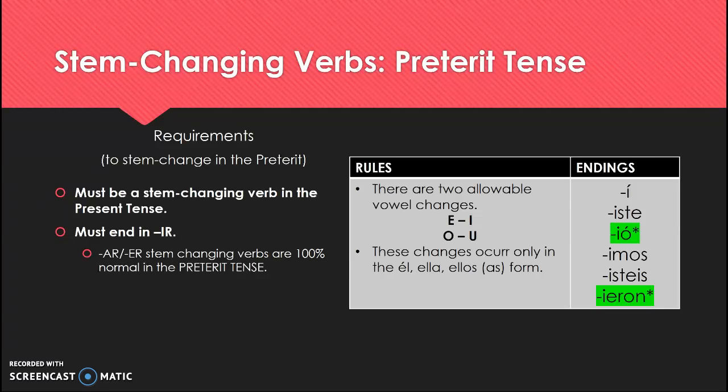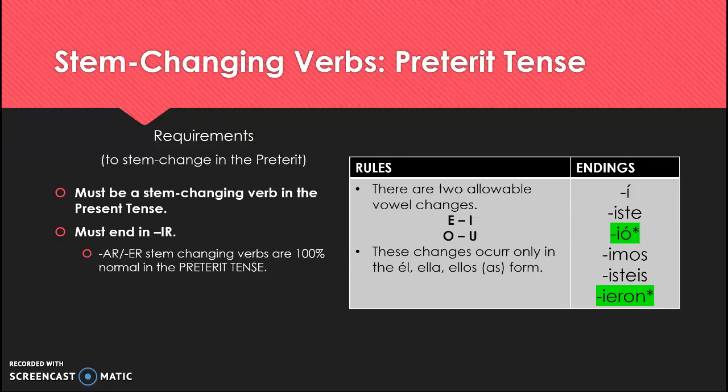Well, if it is a stem changer that ends in IR, there are 2 allowable vowel changes. The E in that verb can change to I, and the O can change to U. Now, this is regardless of what type of change it made in the present tense. This is a new set of rules for this verb.